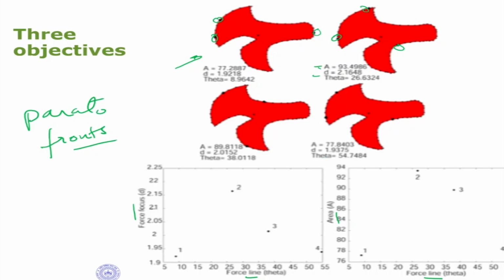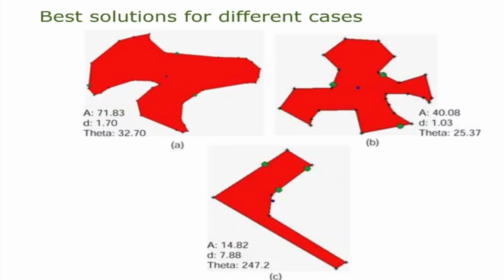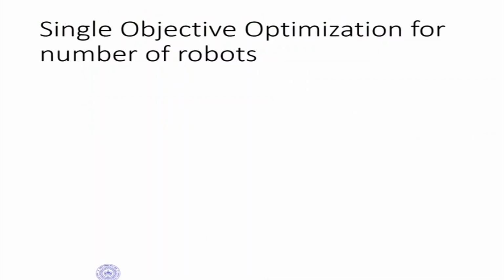Depending on your objective, your solution is going to change. Now, best solutions for different cases: these are some examples where we have looked at different shapes and found the different solutions. Now we can talk in terms of single objective. We talked of multi-objectives where you have multiple solutions.